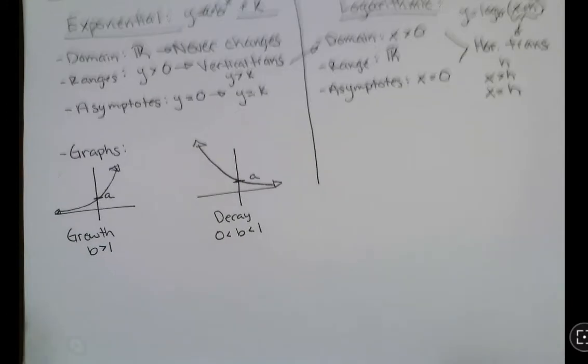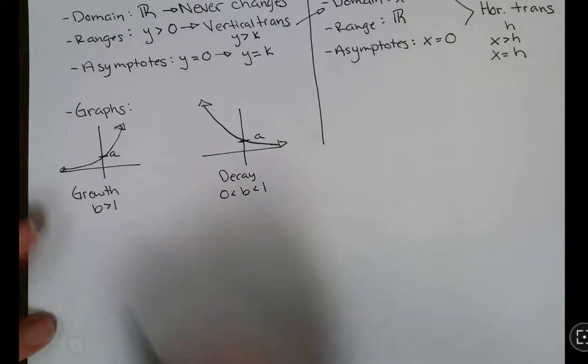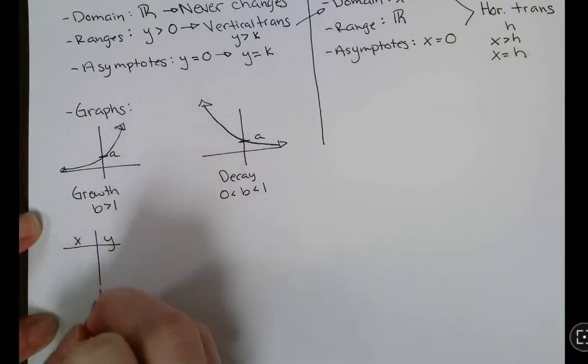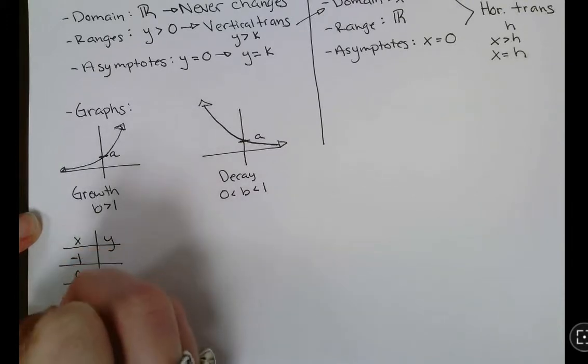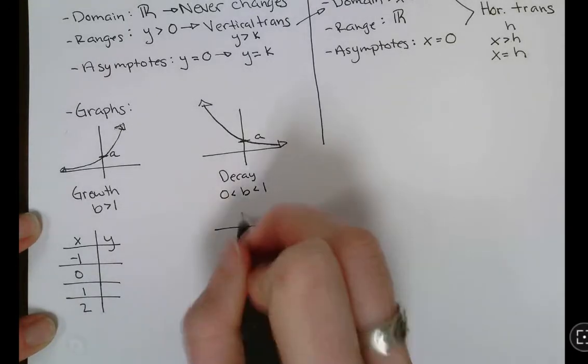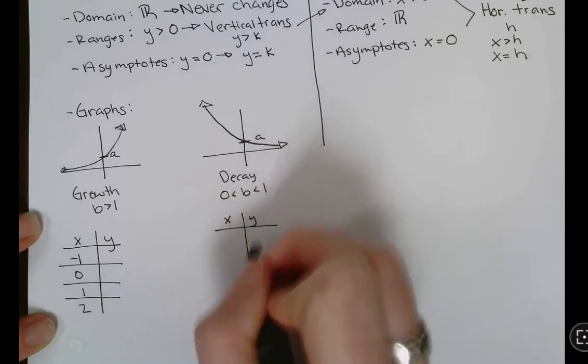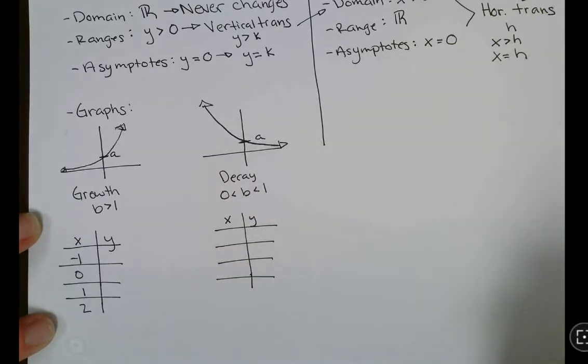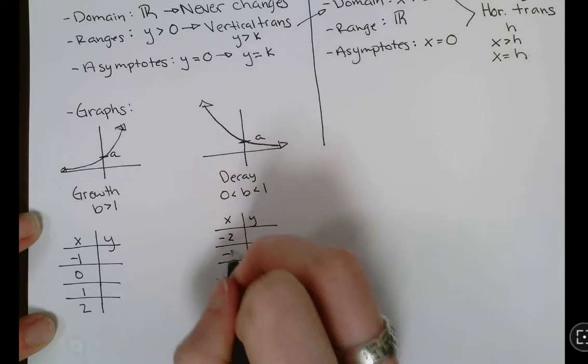If you're graphing these in terms of a question and it says, hey, graph this, remember, just make your table. I always recommend for growth, -1, 0, 1, and 2. For decay, I always like to do more negatives instead. -2, -1, 0, and 1.